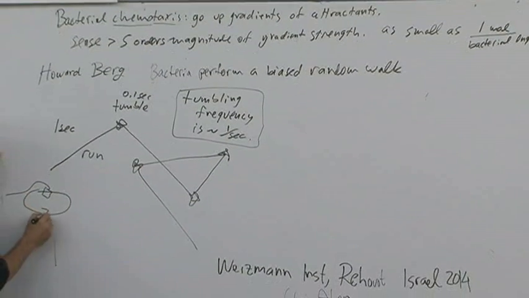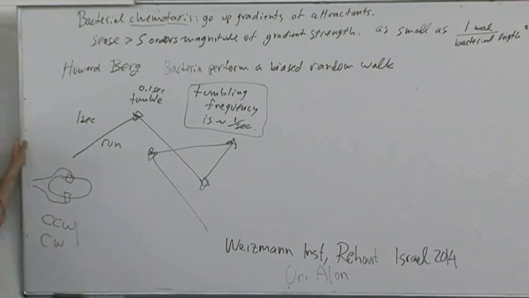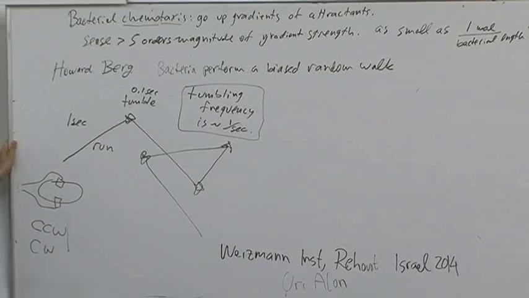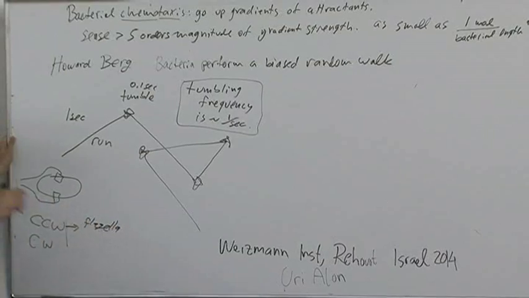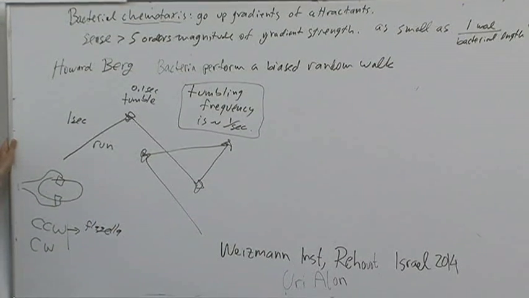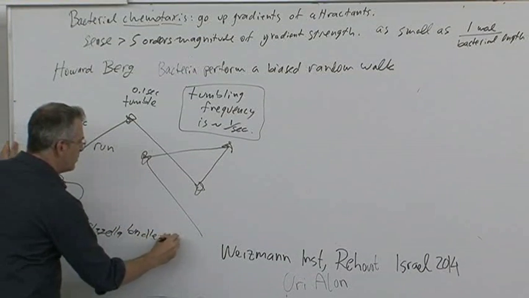Now, if I look a little bit closer at the bacterium, I notice that the motors connected to the flagella can turn counterclockwise or clockwise. So they're not only electrical motors that spin at 100 hertz, they're also bidirectional. When they spin counterclockwise, the proteins make the flagella have a helicity, and they like this counterclockwise direction. They form a bundle, and this gives you the run.